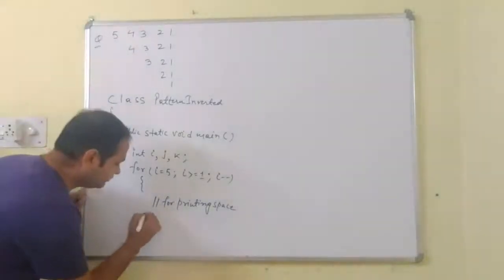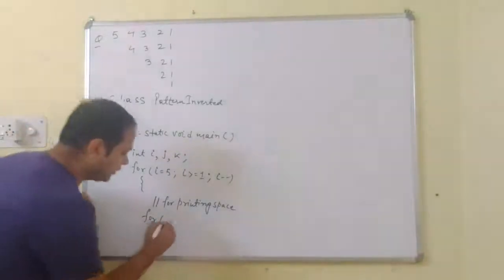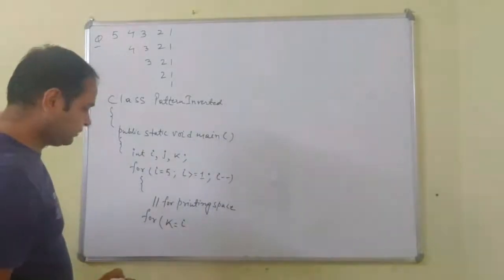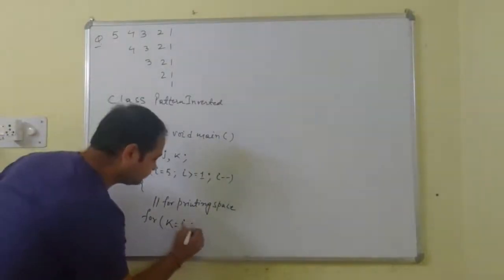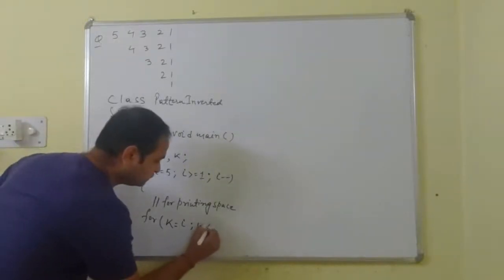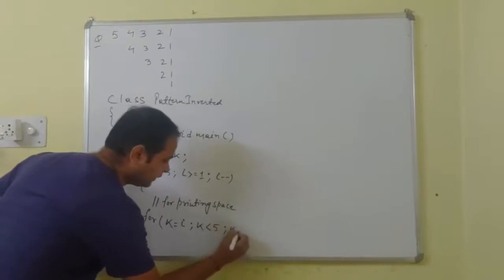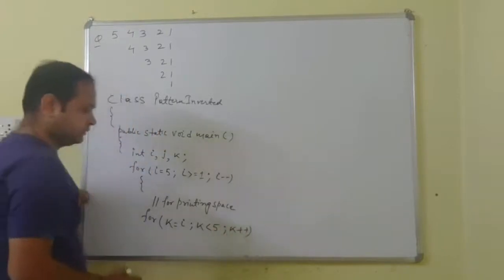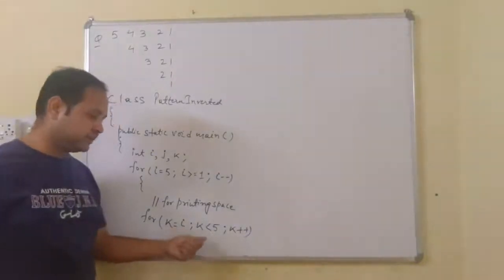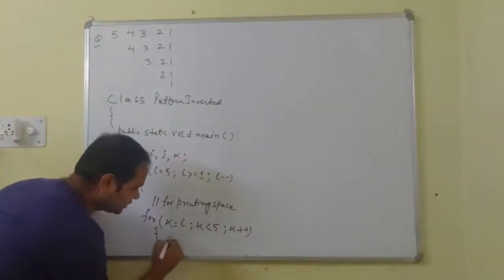So we will write here for, k equals to i, k less than 5, k plus plus. So first time if the value of i is 5, so k equals to 5, 5 less than 5, so it will not run.